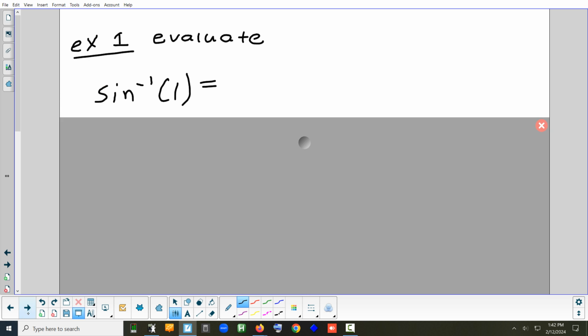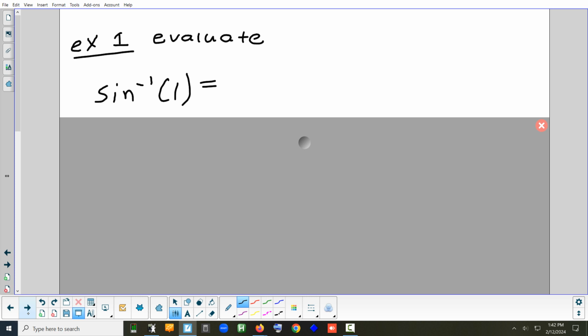All right, so let's try an example. We're going to need a chart to do this, and I'll show you guys the chart. So I want to know the inverse sine of 1.